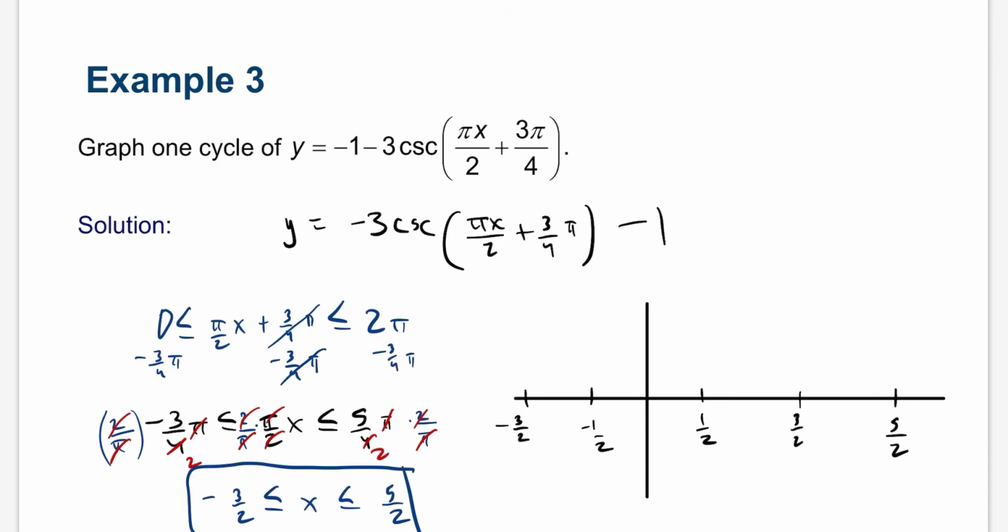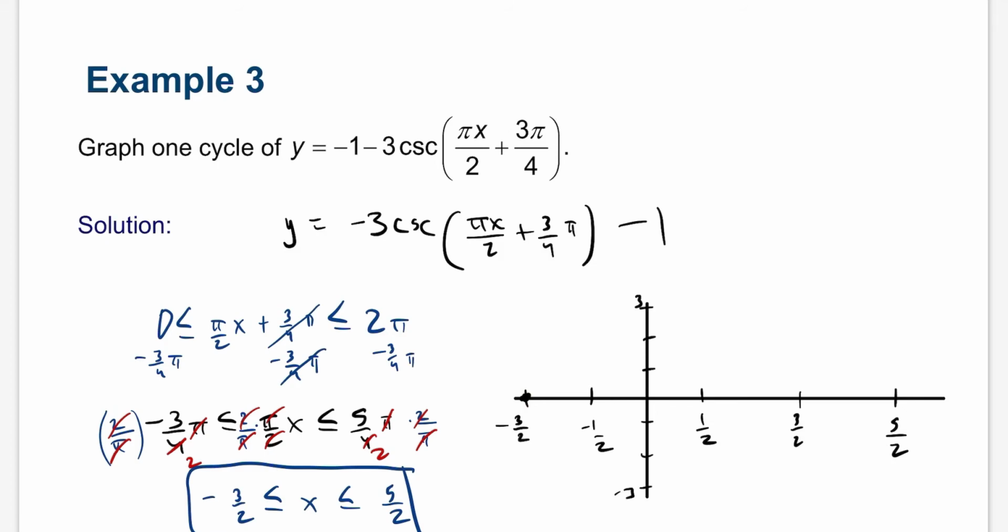All right, and sine always starts at 0. So we would start at 0 here because it's sine. And because it's a negative 3, that means we're going to go down first instead of up first. So 1, 2, 3, negative 3.